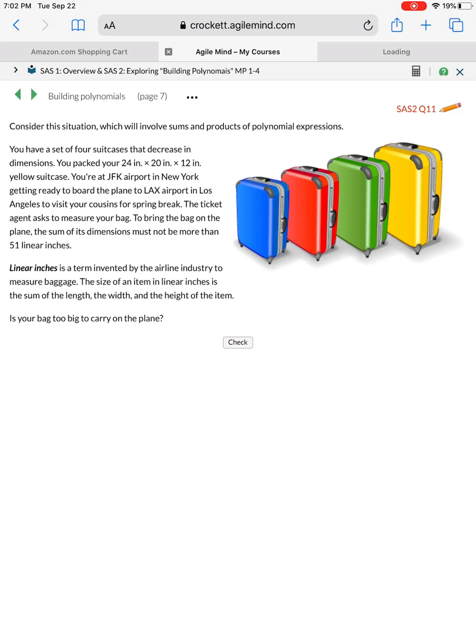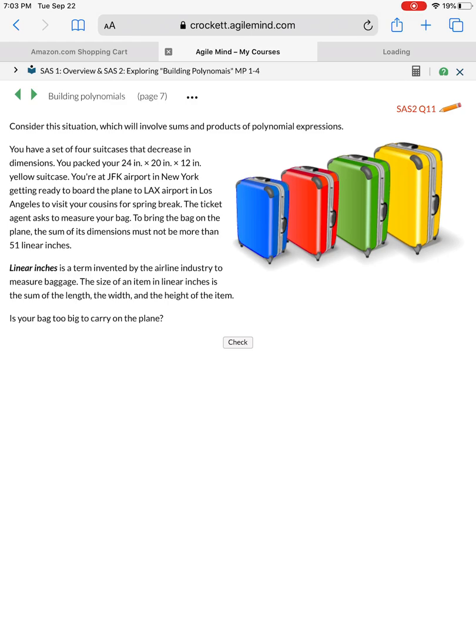All right, so number 11, it says, consider this situation. You have a set of 4 suitcases that decrease in dimensions. You pack your 24 by 20 by 12 inch yellow suitcase. You are at the JFK airport in New York getting ready to board the plane to the LAX airport in Los Angeles to visit your cousins for spring break.